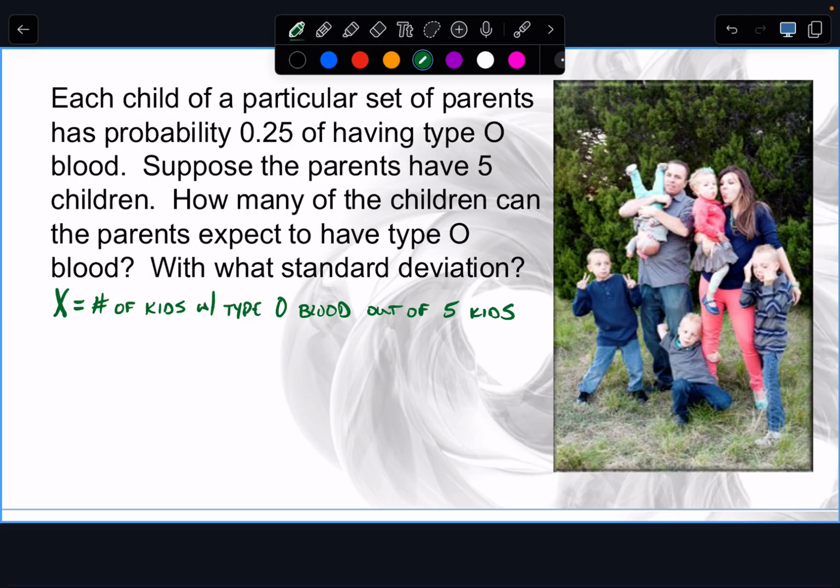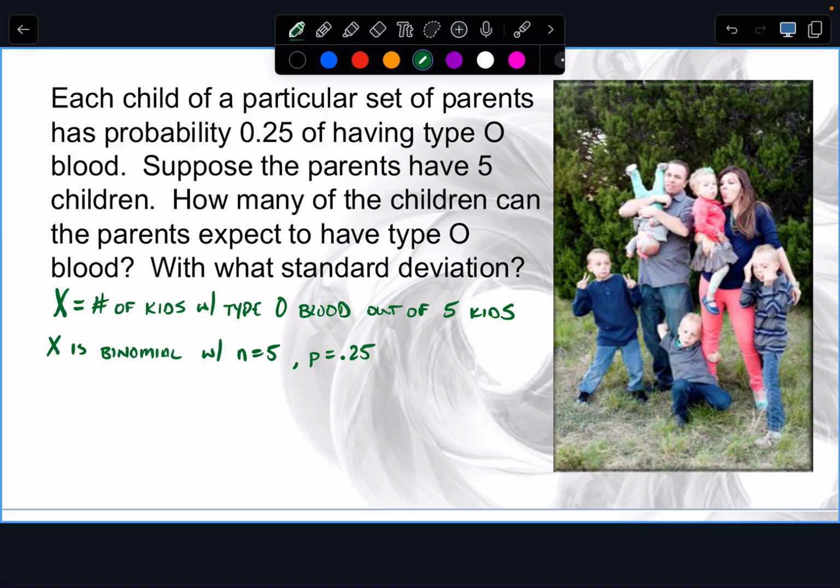I could use any letter though. We're looking at the number of kids with type O blood out of 5 kids. We already established earlier that x is binomial, with our fixed number of trials being 5 and our probability of success being 0.25.